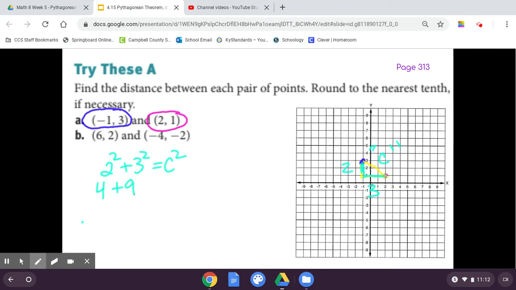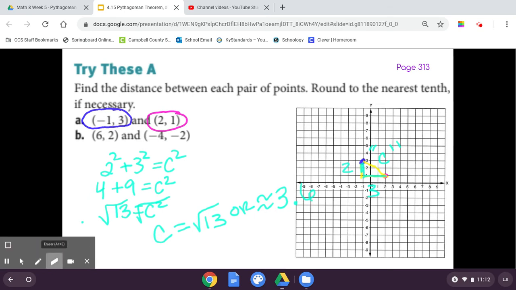Plus 3 squared is 9 equals C squared. When you add those together, you get 13 equals C squared. Well, we know that 13 is not a perfect root. So your answer either is C is equal to the square root of 13, or it's approximately 3.6.